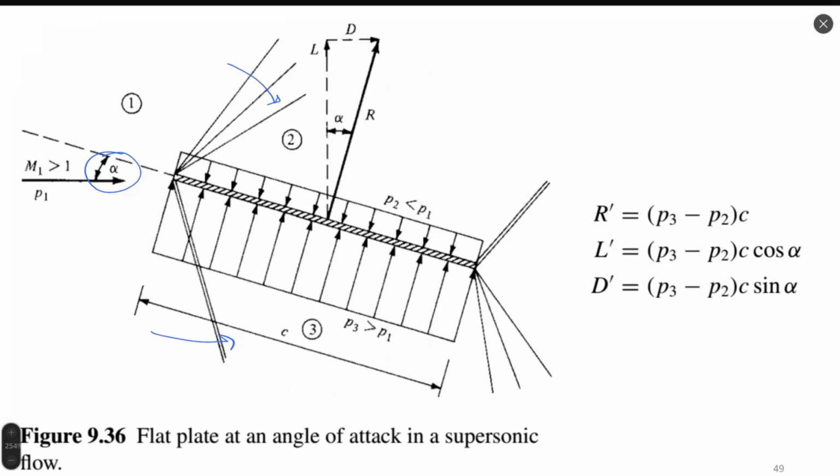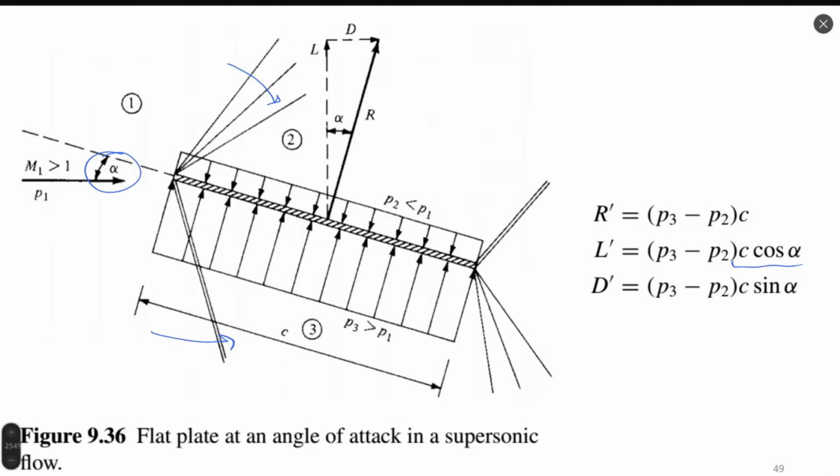Lift is a projection of force on the vertical axis, as you may see here, and drag is a projection on the horizontal axis. Here we do not consider viscous forces, just pressure forces, a very typical situation.